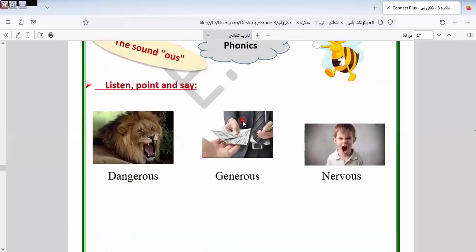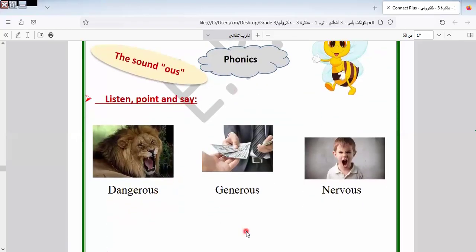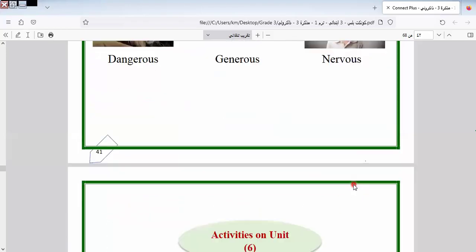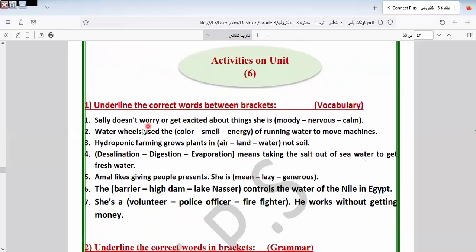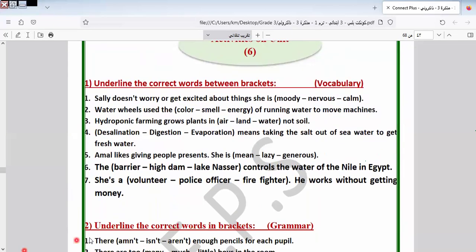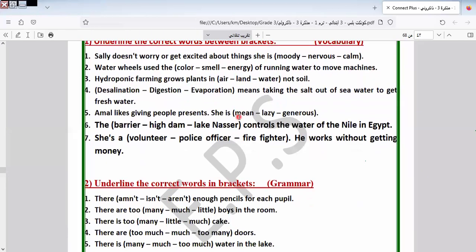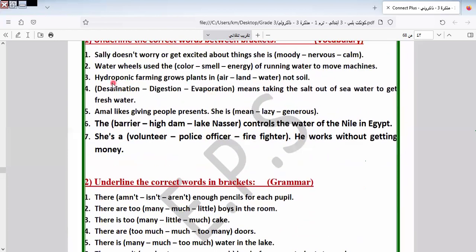Here we have phonics "-ous", like dangerous, generous, nervous. Let's answer the questions related to this unit. Sally doesn't worry or get excited about things. She's nervous. Water wheels use the force of running water to move machines. Use the energy. Okay, for pupils, let's go to another one.